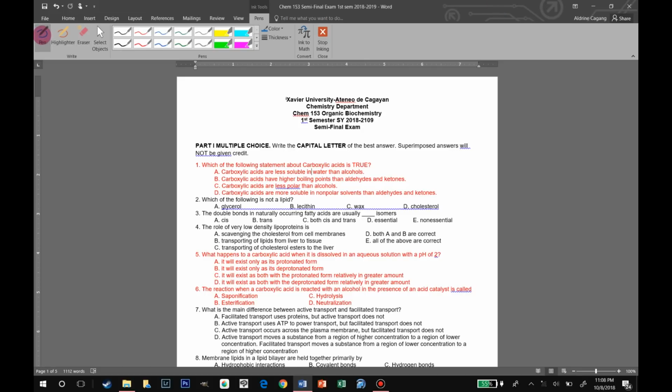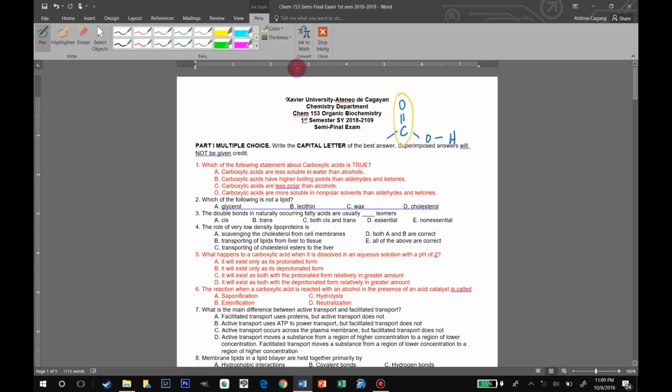So for this item, you're actually being asked regarding the polarity of your carboxylic acid functional group. Remember the structure of your carboxylic acid group, we'll draw it here: C double bond O, O, H. You have this C double bond O, the carbonyl group, which is a very polar bond.